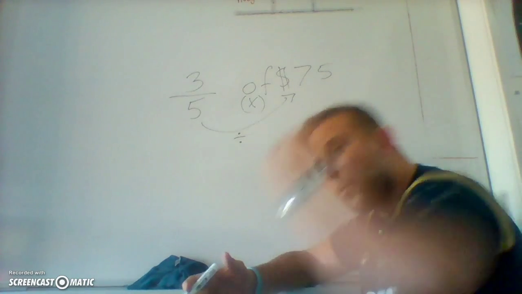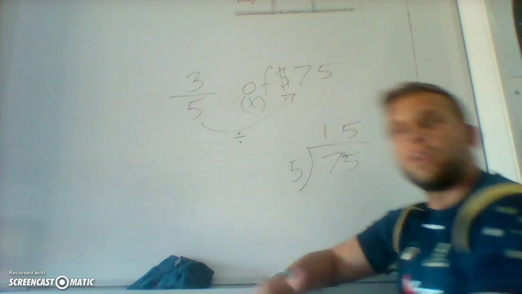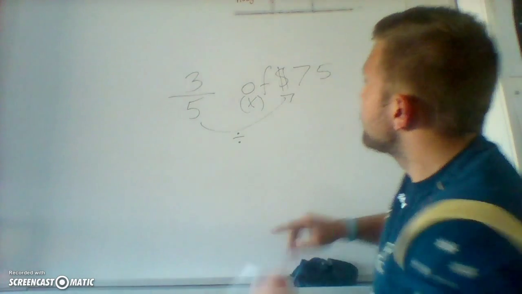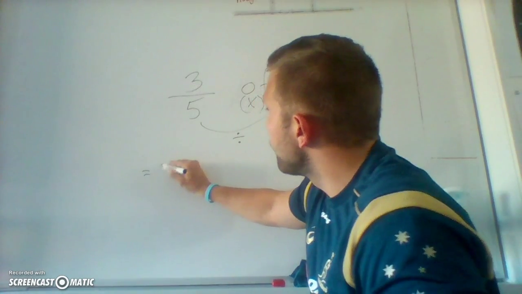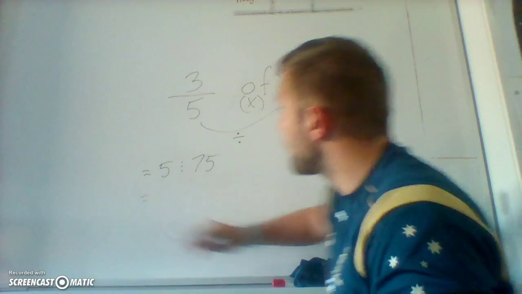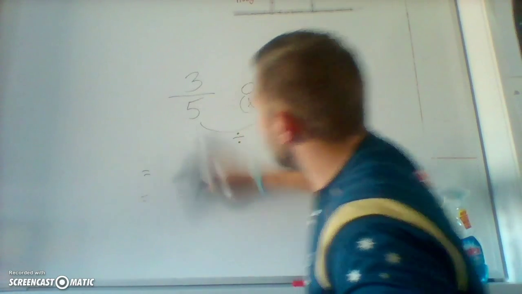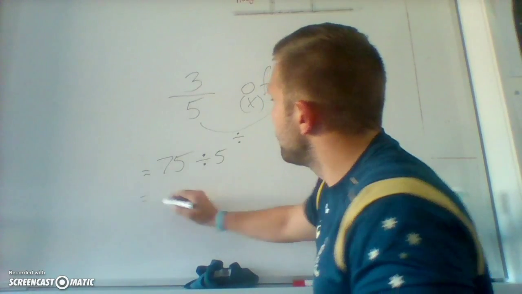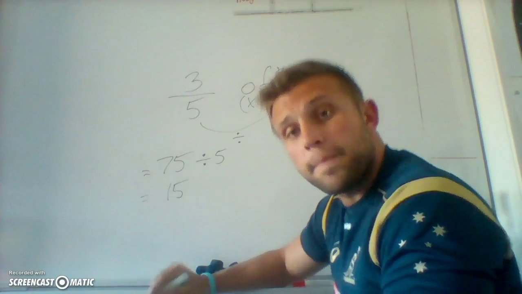Easy. We don't do it all up here; write it on the board if you're confused. So we've got 15. Let's write this properly: 75 divided by 5 equals 15.